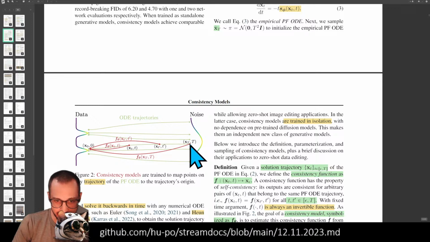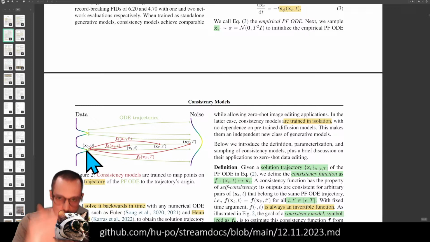So you see here how you're starting from the very end and going to time 0. Here you're starting at a time step a little more towards the middle and then going all the way to 0. And then here you're starting at time step t and going to the middle. The consistency model is trying to say all three of these paths should end up at the same place.